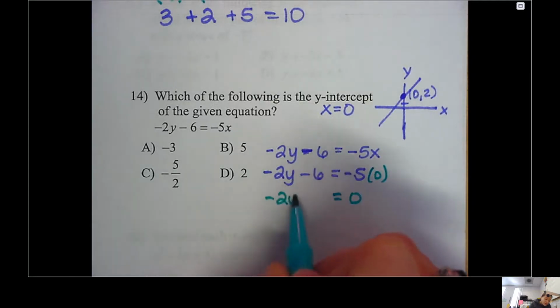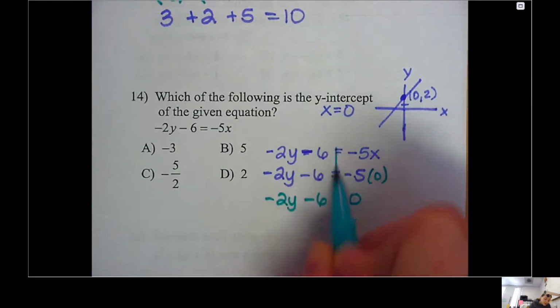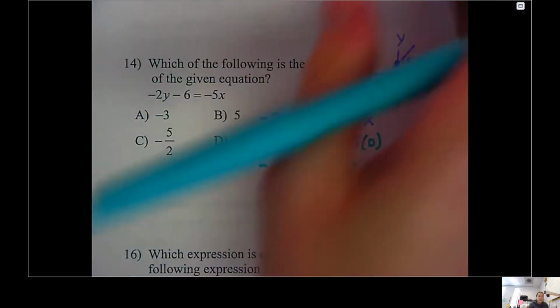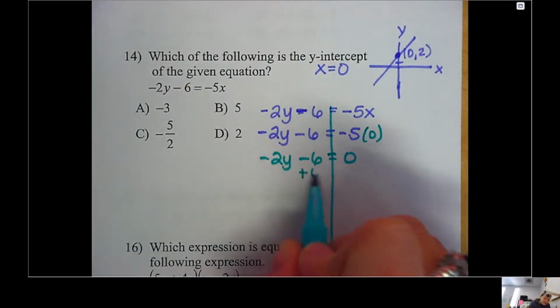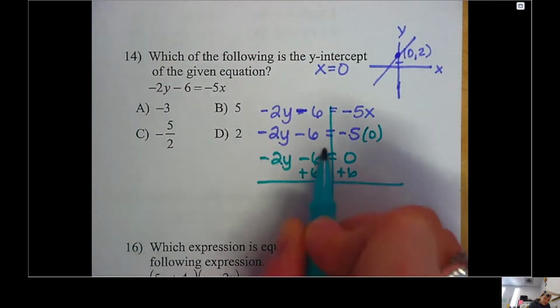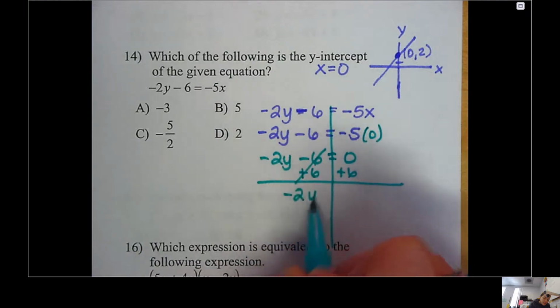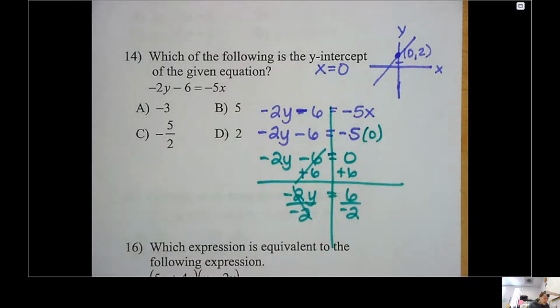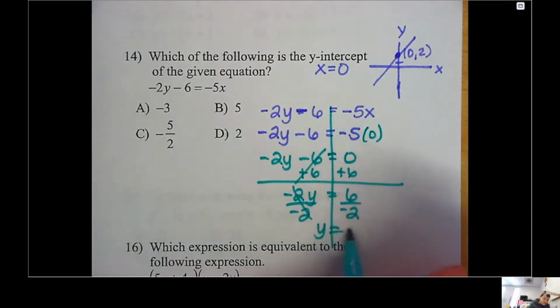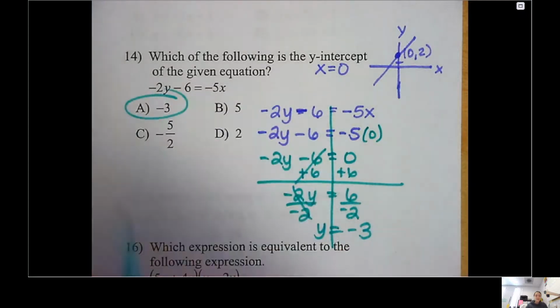So I'm really just going to solve this problem for y now. So I'm going to add 6 to both sides. I get -2y equals 6, and then divide both sides by -2. My y value is -3. Easy peasy.